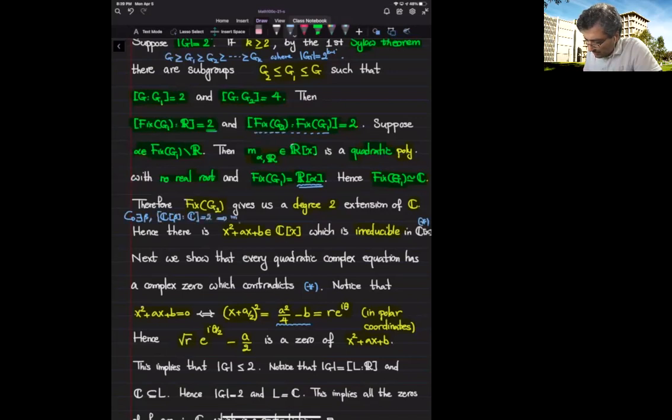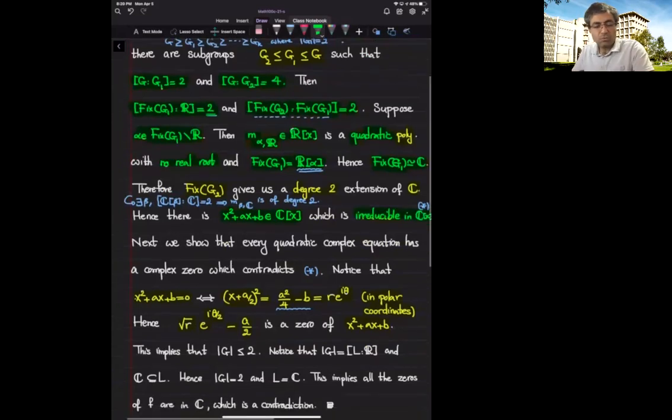And that means the minimal polynomial of beta over the complex numbers is of degree 2, and it is irreducible over the complex numbers. So all together we end up getting a polynomial of the form x squared plus ax plus b over the complex numbers, which is irreducible in the complex numbers. That's the same as saying it has no complex root. But that's simply not possible.